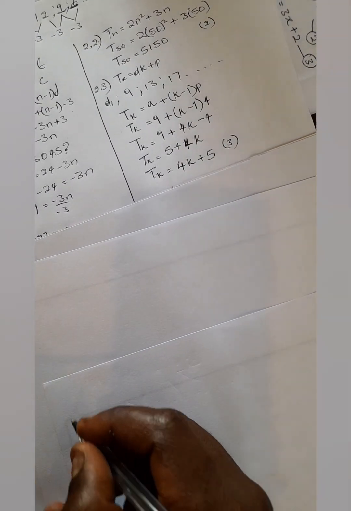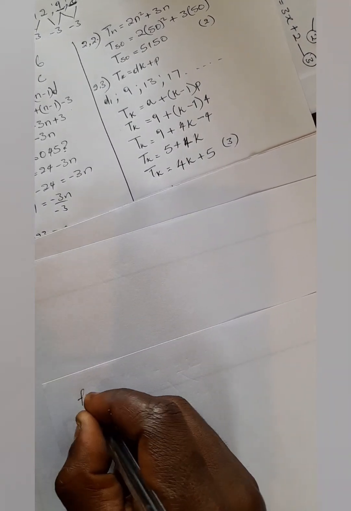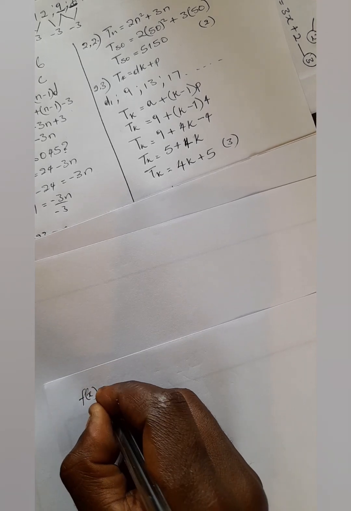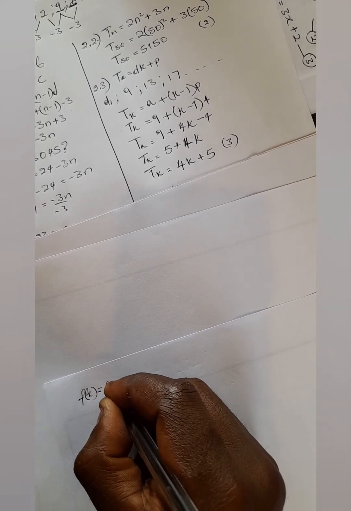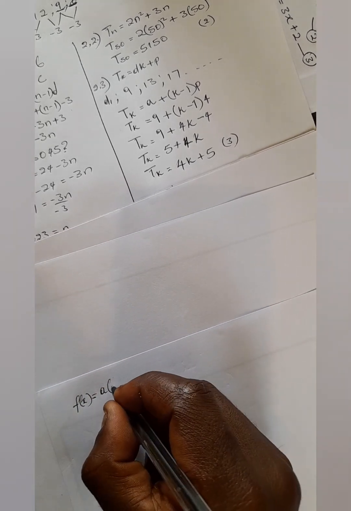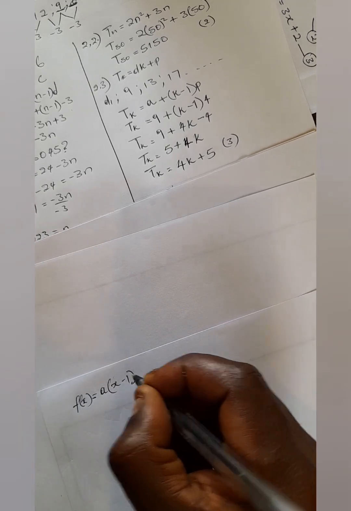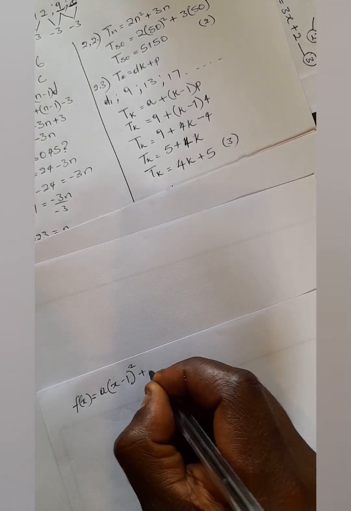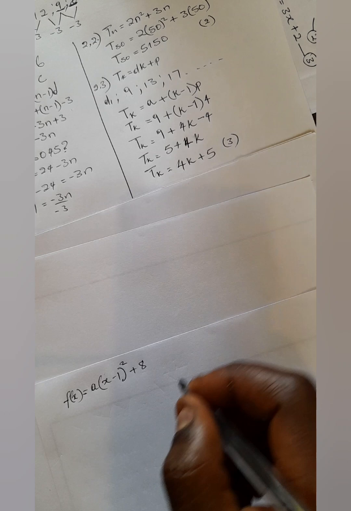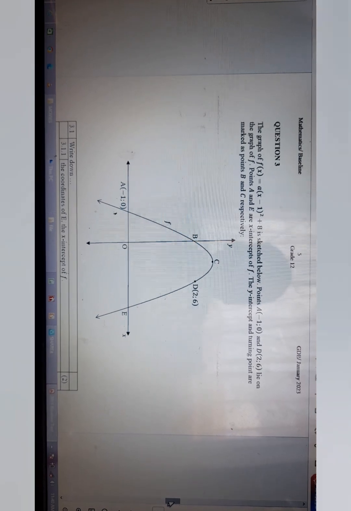Question 3 says the graph of f at x, which equals a into x minus 1 all squared plus 8, is sketched below. Okay, let me just show you the diagram, but then guys, you should download the question paper now. Download the question paper. Okay, this is the graph.